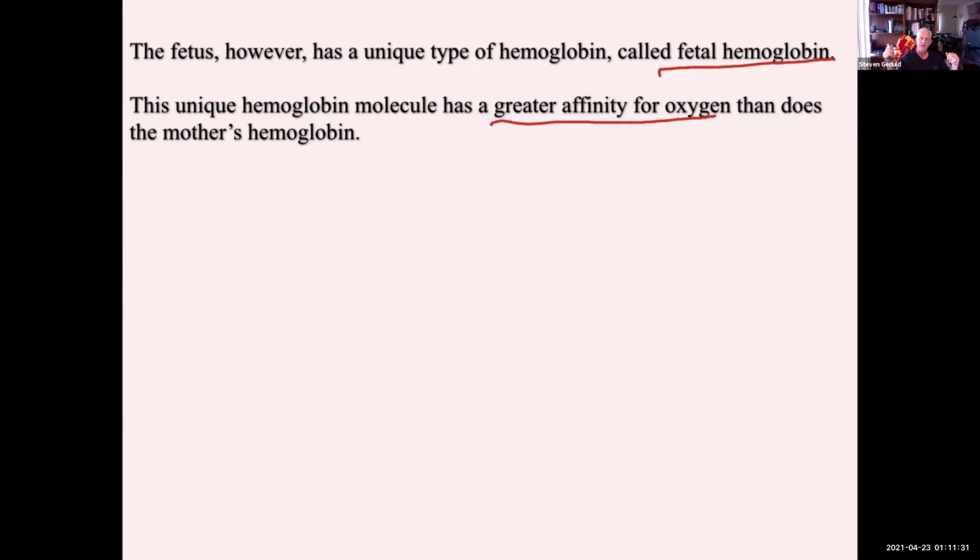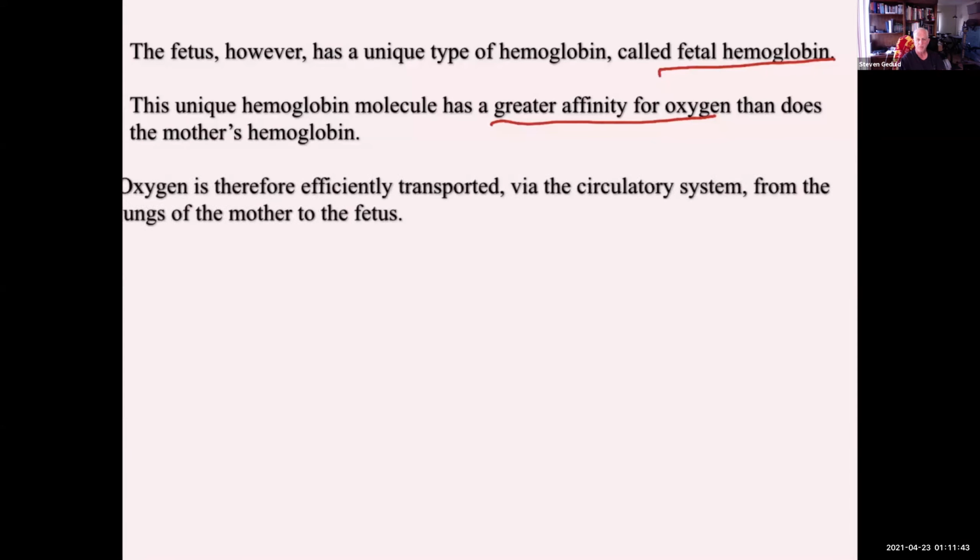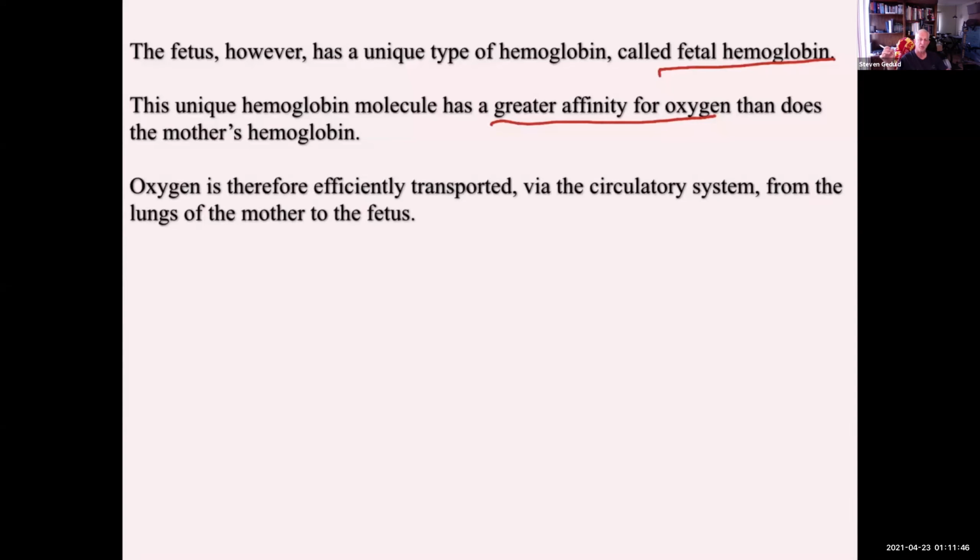The fetal hemoglobin has a greater affinity for oxygen, so it's going to pull that oxygen away from the mother into the fetus. That way, the fetus is going to get the oxygen that it needs to develop. So the big thing is fetal hemoglobin has a greater affinity for oxygen than normal hemoglobin. Oxygen is therefore efficiently transferred by the circulatory system from the lungs of the mother to the fetus.